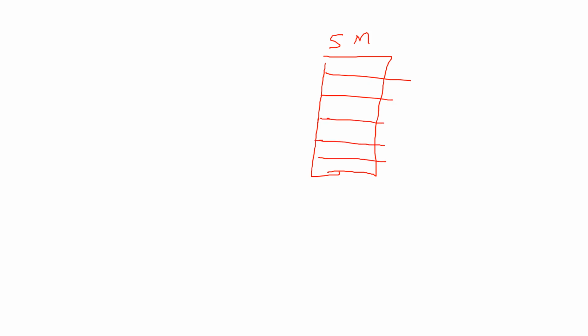Suppose this is your secondary memory, and we have multiple processes here. So, for example, this is P1, this is P2, this is P3. Okay, these are processes.